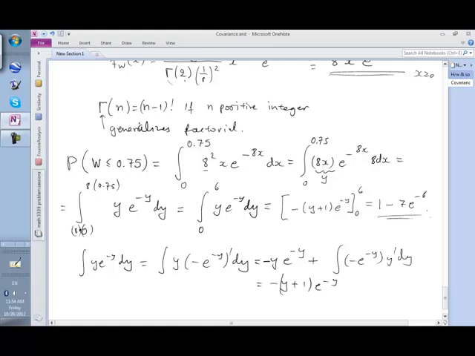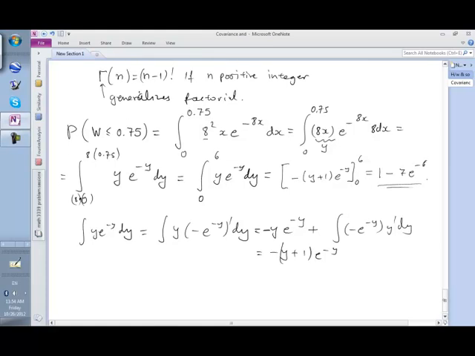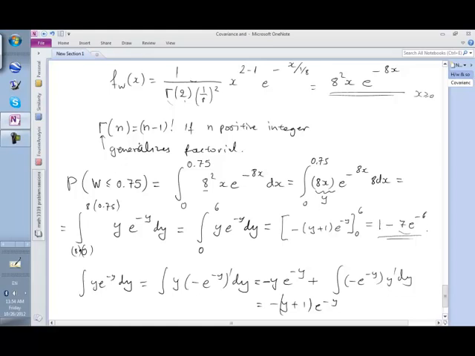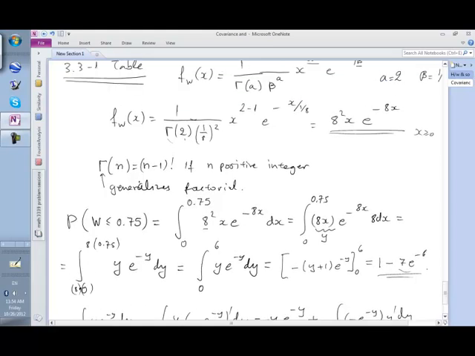You don't have to calculate it. And as you see, this is a significant probability. This is going to be a small number. This probability is close to 1. Why is it close to 1? Because the mean value of the gamma is equal to alpha times beta, and here you have alpha equal to 1/8.